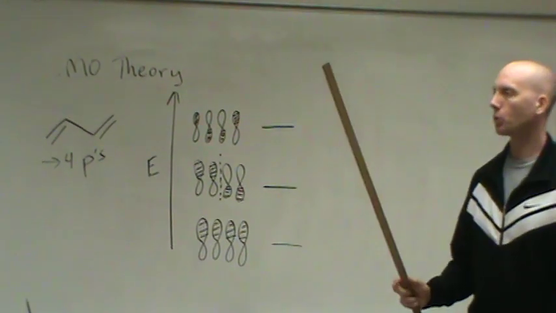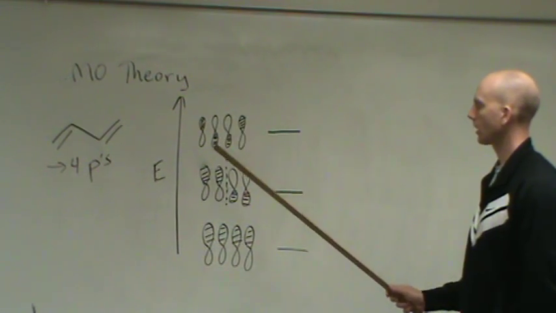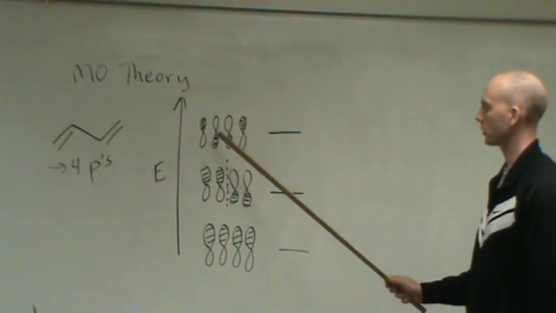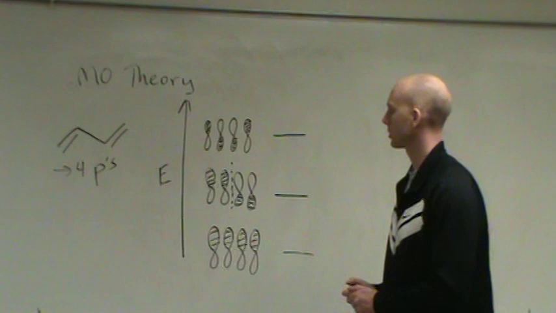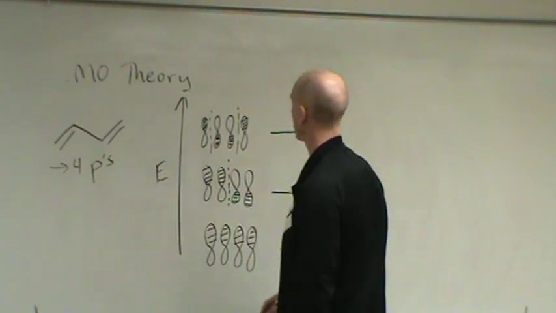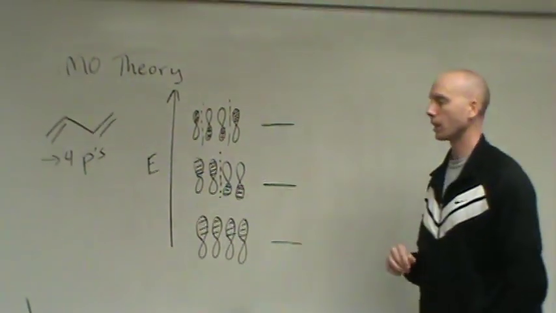To create 2 nodes, one here and one here, I have my 2 internal p orbitals overlapping in phase, but the external ones being out of phase. So let's show our 2 nodes that we have created there. And of course that costs us even more energy.